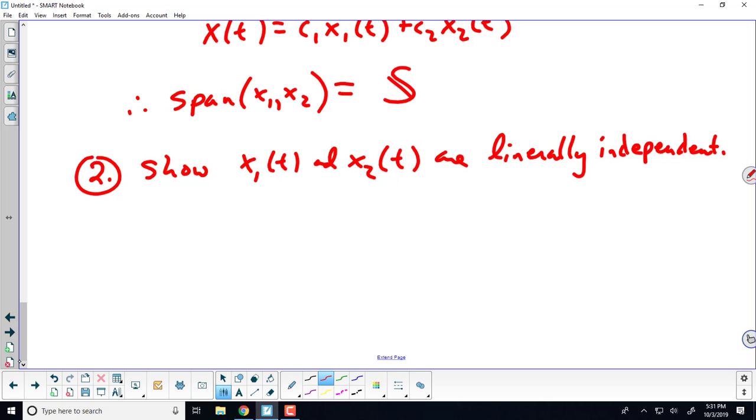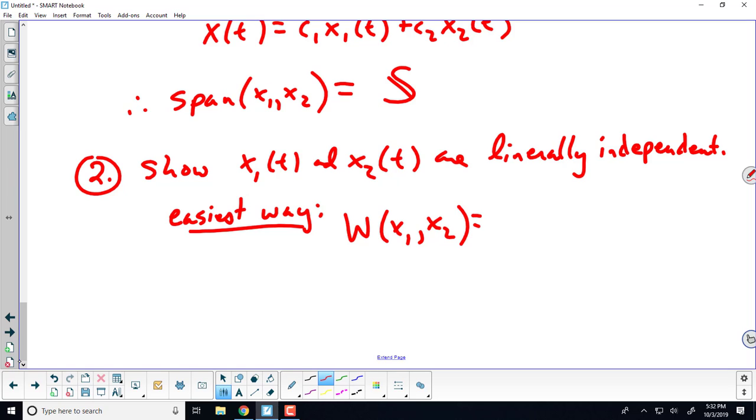There are a few different ways to check for linear independence. The way I want to do it is how we'll usually do it going forward. The easiest way here is to check the Wronskian. That's what we introduced last time. So let's look at the Wronskian of x1, x2. What was the Wronskian? It was an n by n matrix where n was the number of elements.